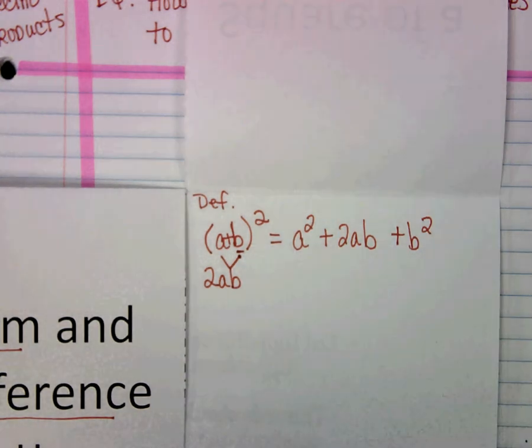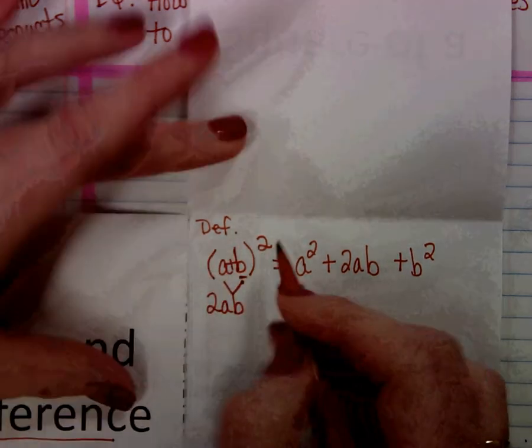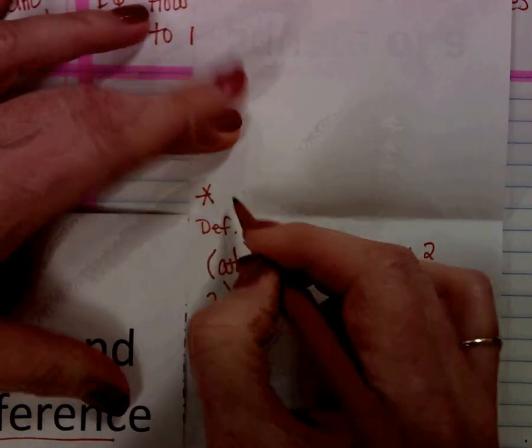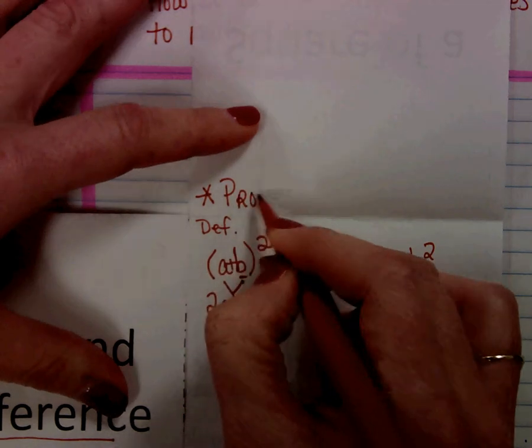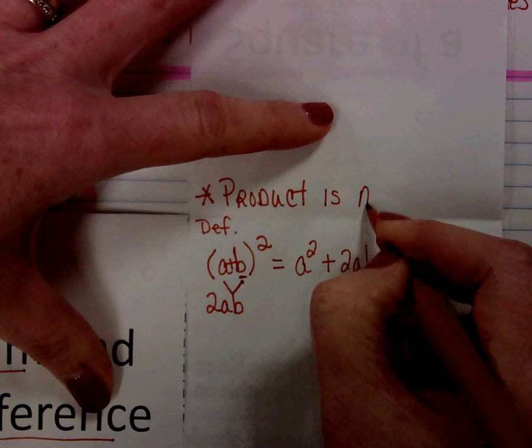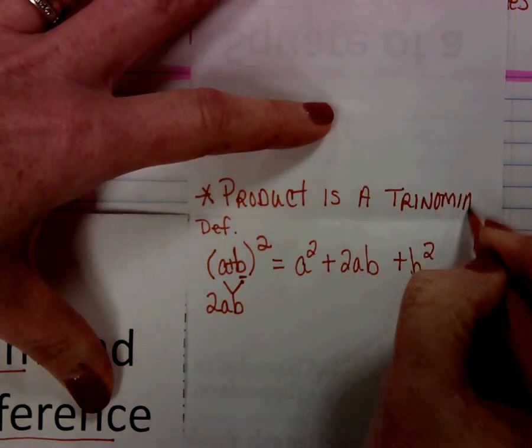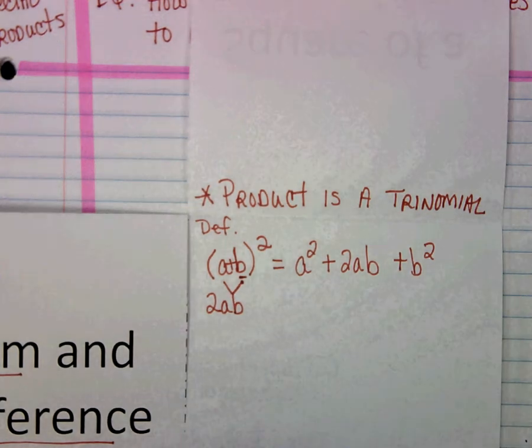But the key thing here that we want to remember is that when we have a square of a binomial, no matter how we do it, we need to make sure that we get a product that is a trinomial. The product is a trinomial, and that's where we make a mistake on this one when we don't use the rule.